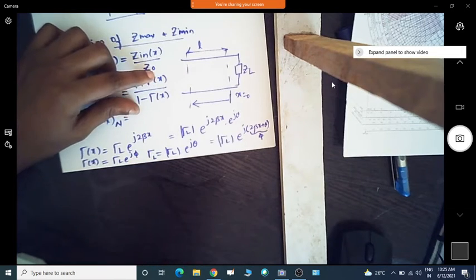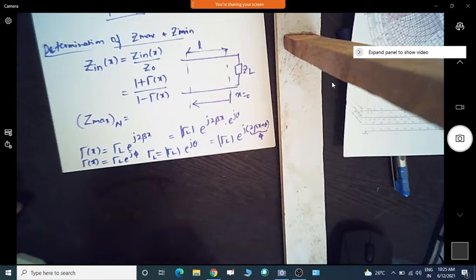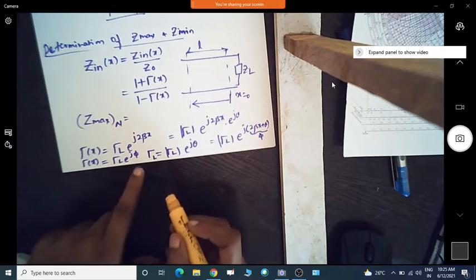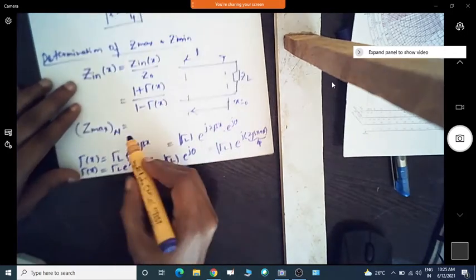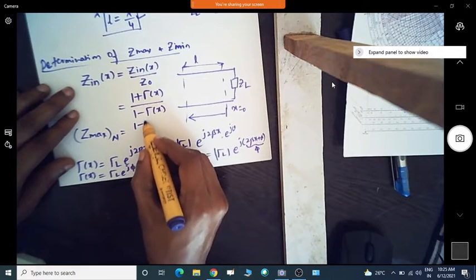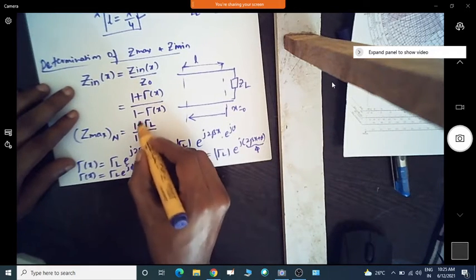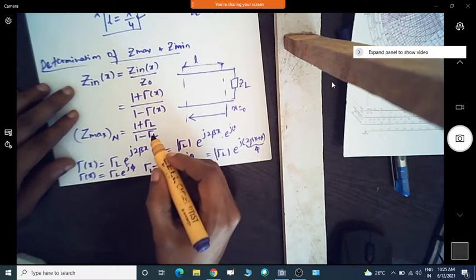Now, whenever this phase phi is equal to 0, you will get the maximum value, that is Z max, which is nothing but (1 plus gamma L) divided by (1 minus gamma L).